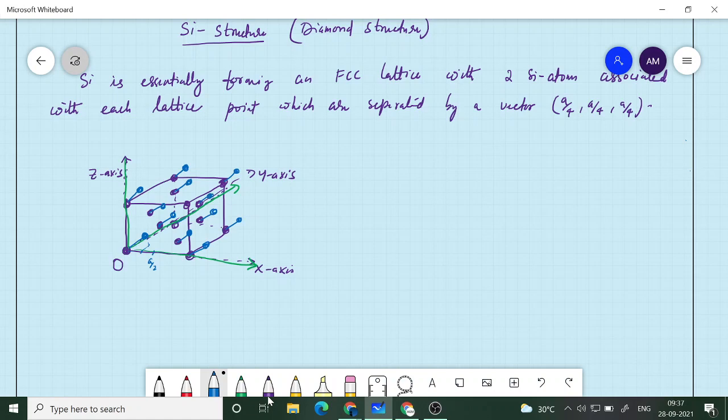Okay, so one more is there. So there are two atoms associated with each lattice point, and these atoms are separated by a vector a/4 along the x-axis, y-axis and z-axis. So if you now look, you can think of this as a second FCC lattice, which is over and above the first lattice.